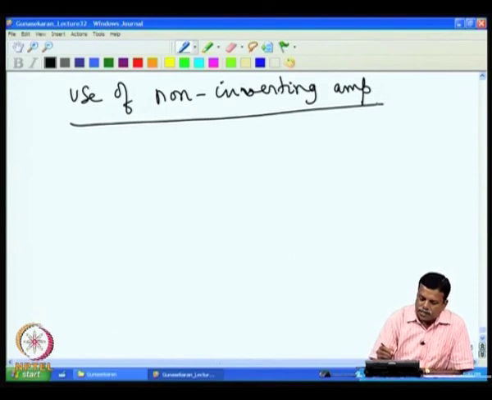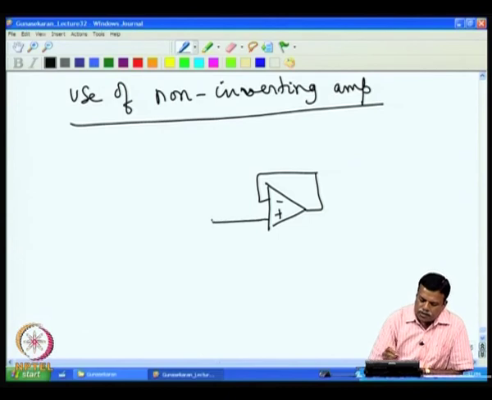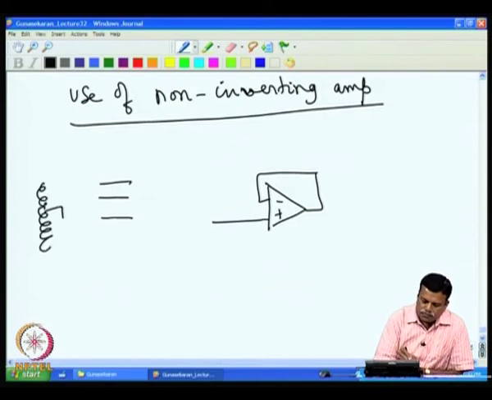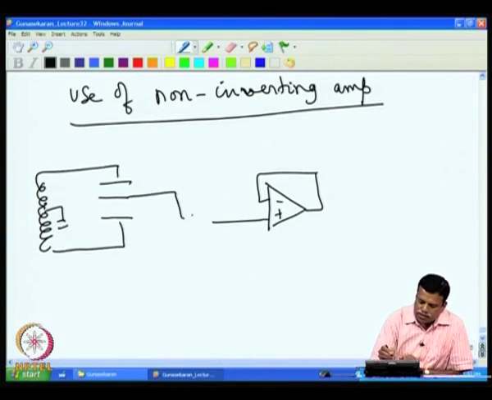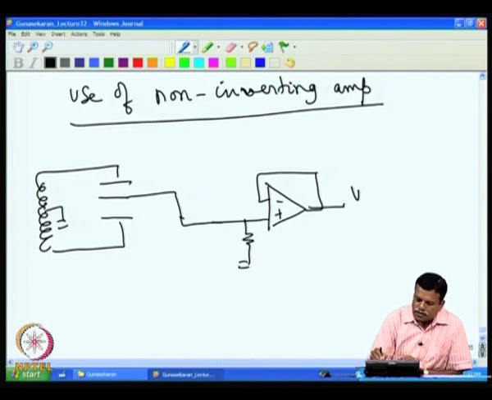In the case of the non-inverting amplifier, we can do this. For example, if I have a signal like this, then we can have this voltage. Then I connect this, and of course I put a resistance here, then I will get V naught here.